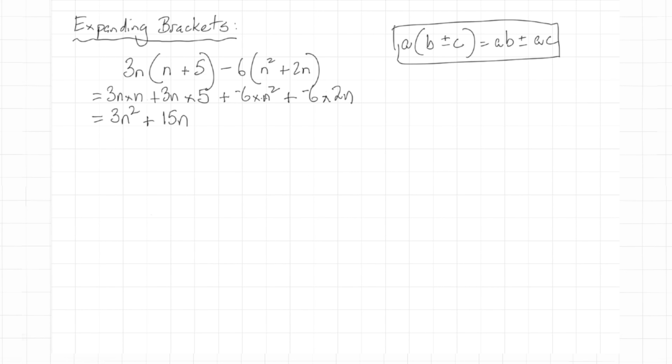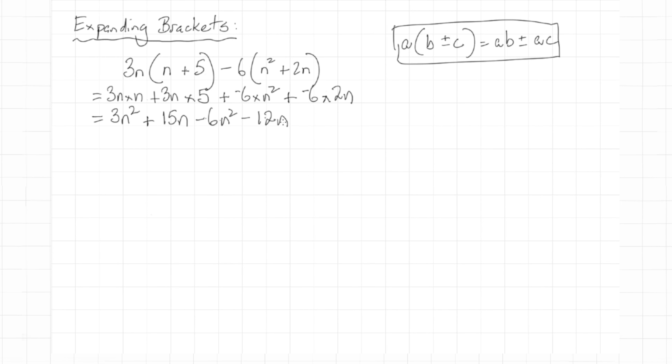Now -6 times n squared is -6n squared. So we're adding -6n squared, which is the same as taking 6n squared. And likewise with this last one, we've got plus -6 times 2n, which will be like plus -12n. Adding -12n is the same as taking 12n.